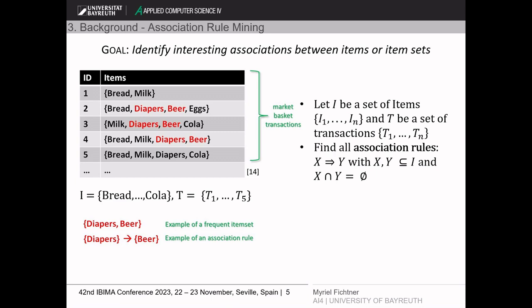Association rule mining was initially employed to assess customer behavior through market basket analysis, as shown here in the example. The result is always an association rule in the sense of a mathematical implication. This implication has an antecedent, the left side of the implication, and a consequent, the right side of the implication.